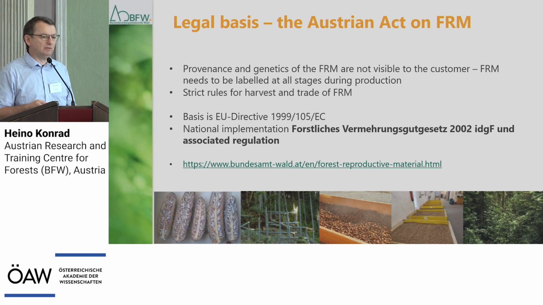The customer cannot see the genetic quality of the plants he buys. So that's why there are strict rules for the harvest and for the trade of the reproductive material. This is all based on an EU directive and is implemented in national law. Yeah, here's the website.